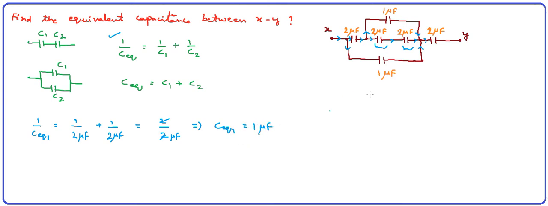So this part is up to this. Now I can remove this part and draw the circuit with only one capacitor. Let me draw the circuit also. So this is reduced into this part now.